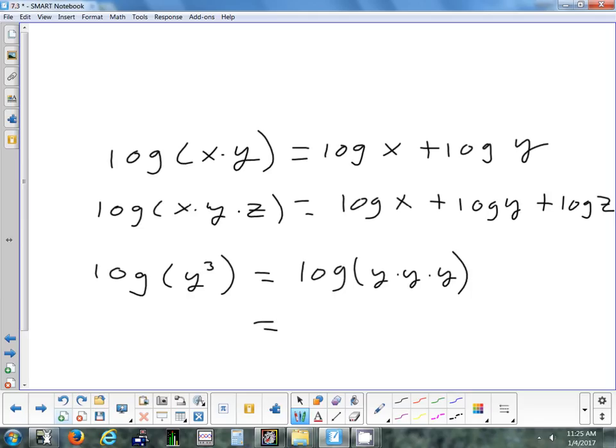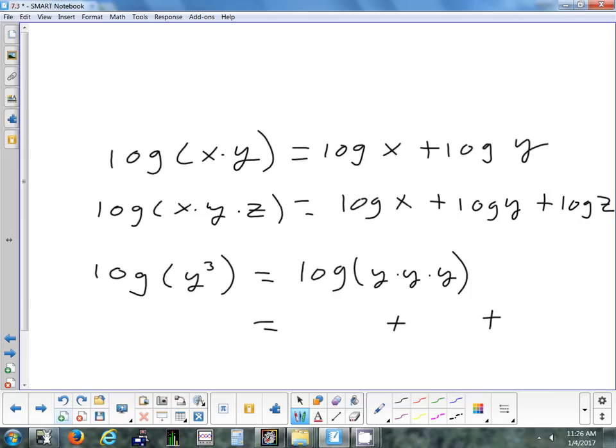So same question, how would that split? When you split up a product, does it split as a sum, or is that a difference? It's going to be a sum. How many things are you going to be adding up once you split it apart? You're going to be adding up three things. So you have something plus something plus something.